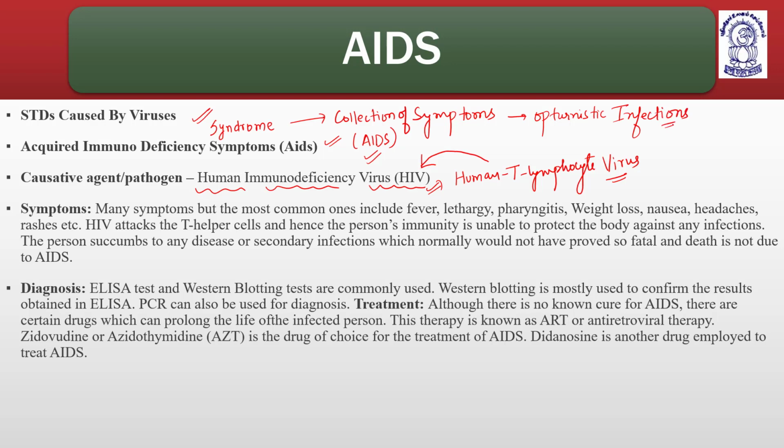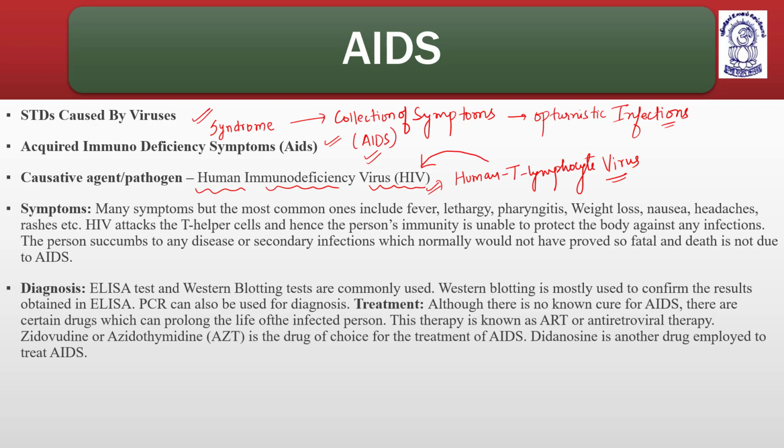Opportunistic infections are infections which normally don't get an opportunity to infect you because of your strong immune system, but because of a degraded immune system, because of failure of your T lymphocytes, they are waiting for this moment and infect the person. These include chronic diarrhea, fever, skin diseases, and many more.